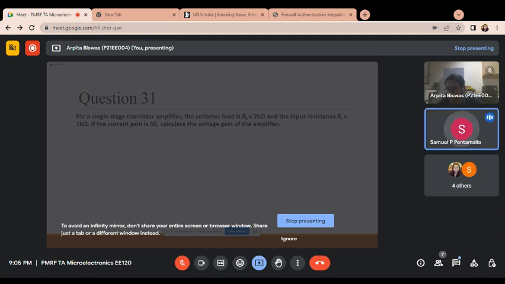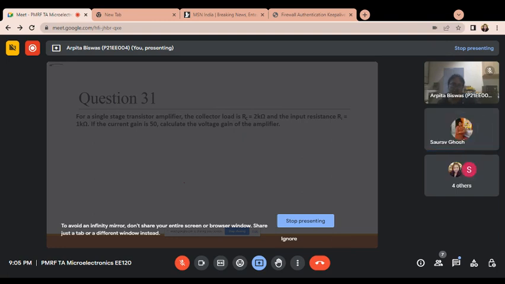In a previous question we also discussed how to calculate the voltage gain if the current gain is given. The voltage gain equals the current gain times the output resistance by the input resistance.